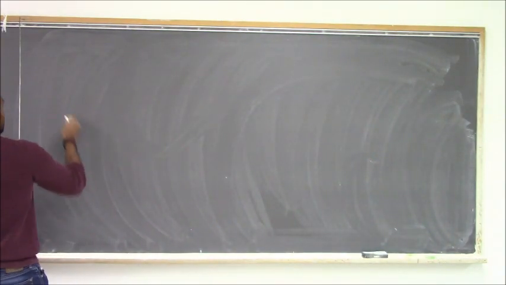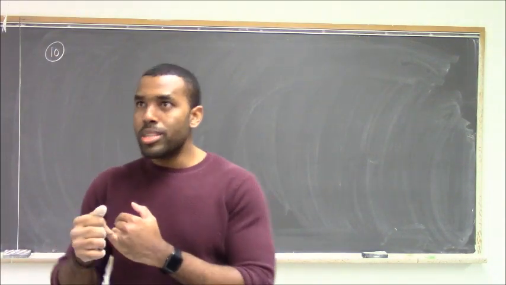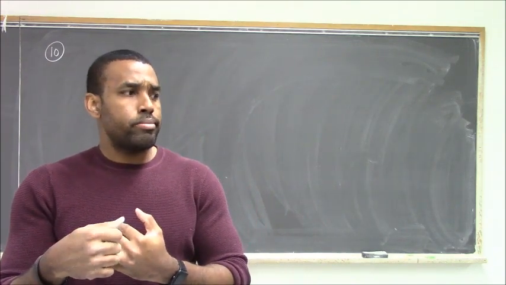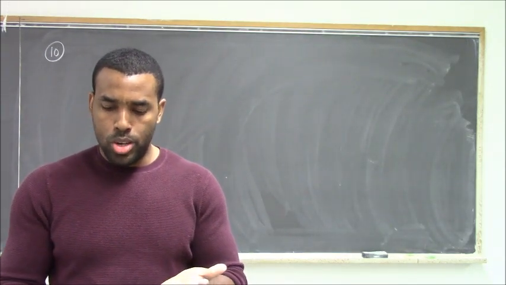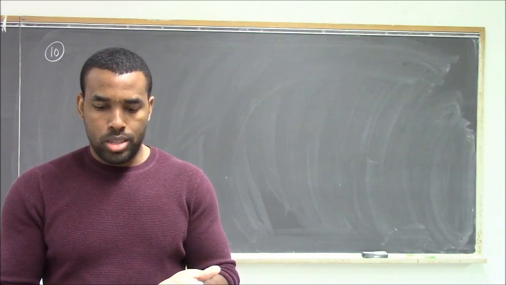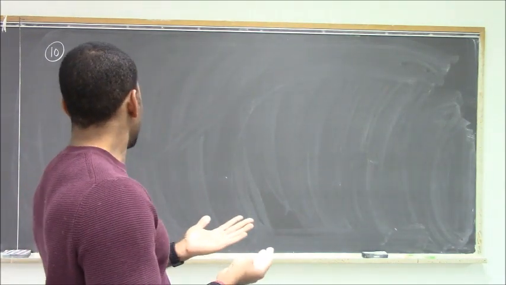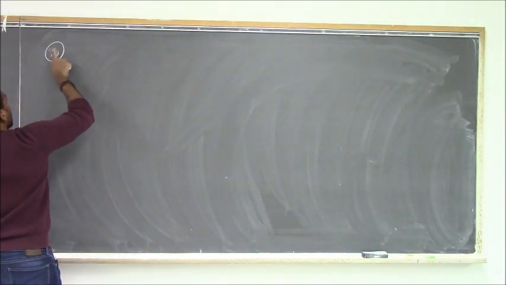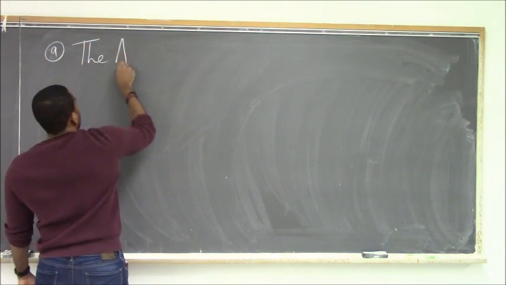So maybe this is 10? I don't remember. Okay, so telescoping series was 0. Test for divergence, 1. P-series, integral comparison, limit comparison, ratio, root test, alternating series test. Maybe this is like 9. So it's really like 10, but we start from 0. So this is 9. The absolute convergence test.